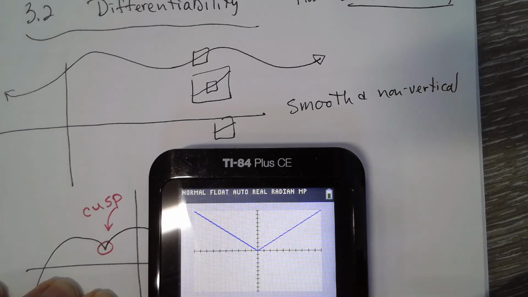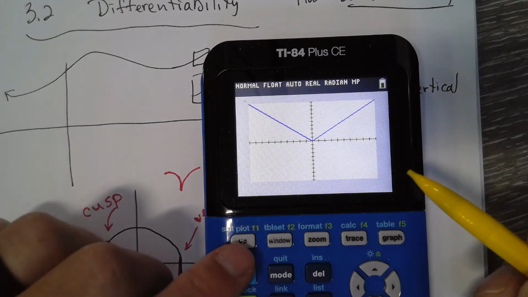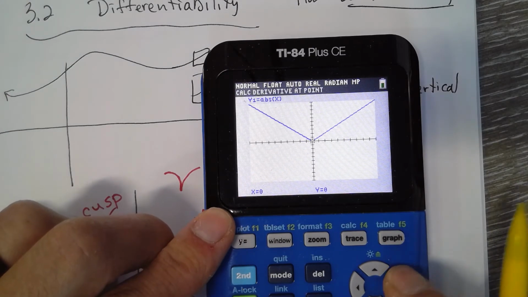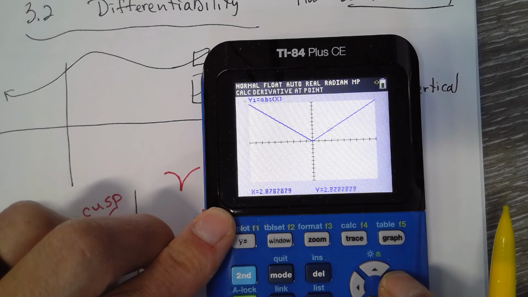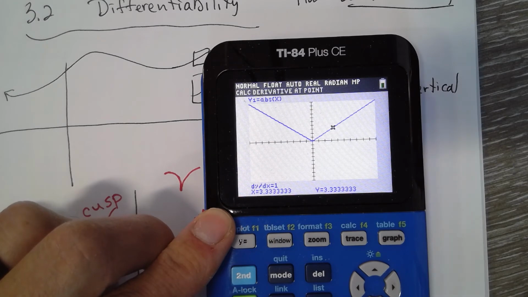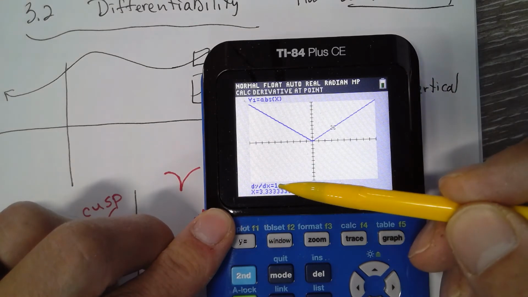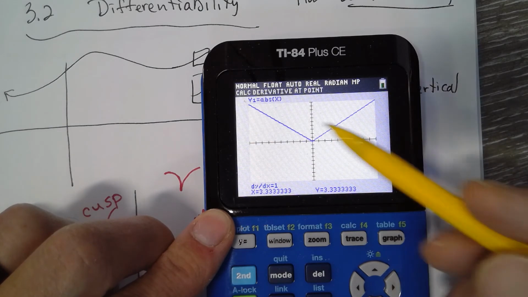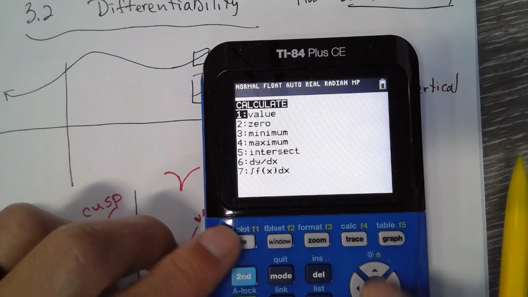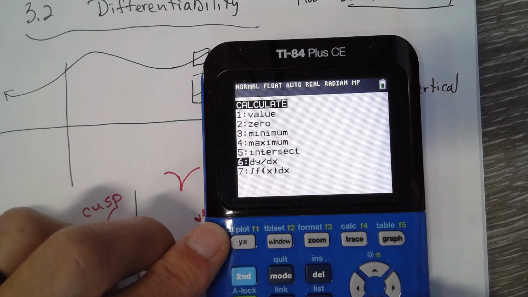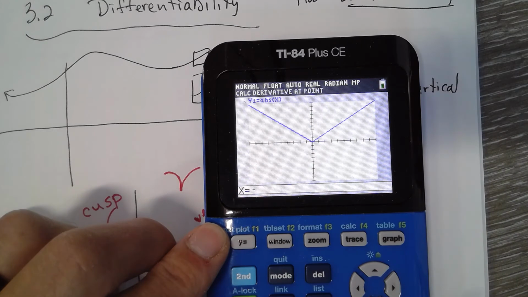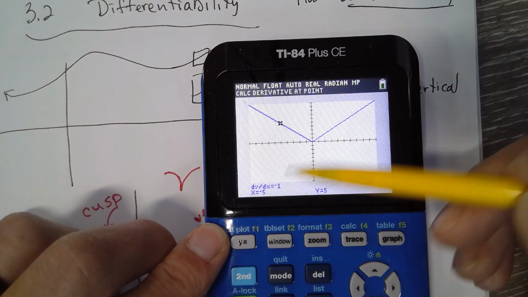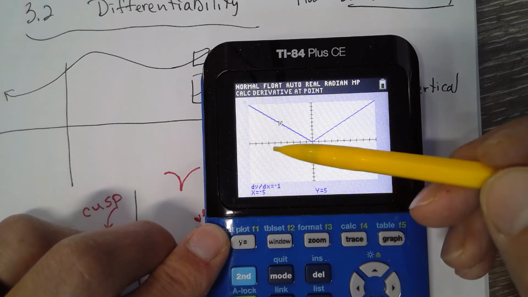So I can go to calculate derivative anywhere I want. So I'll pick it at like here, 3.3. The derivative, dy/dx, is 1. Slope is 1. Anywhere over here you're going to have a slope of 1. Anywhere over here, if I find the derivative, it's going to have a slope of -1. So I could just type in -5 and it gives me -1. You don't have to move the cursor, you can just type it in.